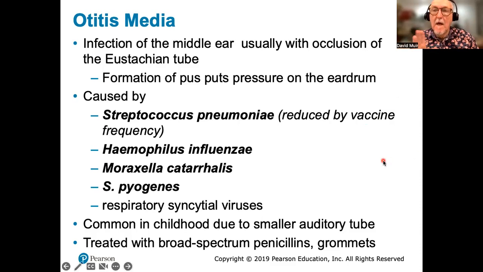Anyway, just go back to that anatomy slide that I had before, and familiarize yourself again with the eustachian tube. Remember that the eustachian tube connecting to the middle ear is also invested with a mucous membrane. So is the inner ear.